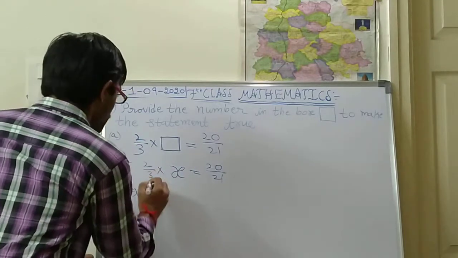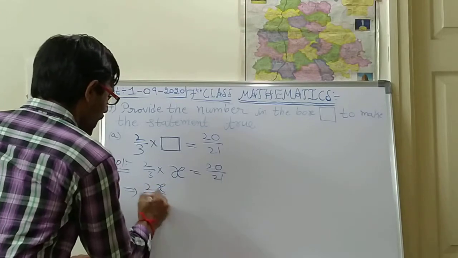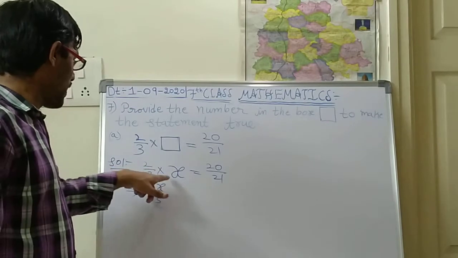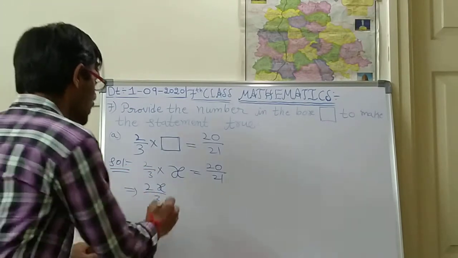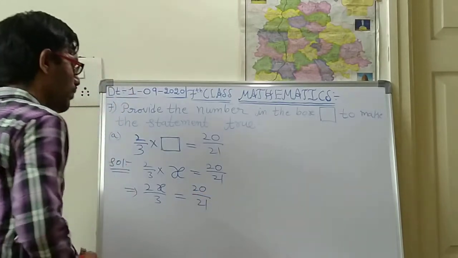So 2 by 3 into x means numerator into numerator, 2x by 3. Can I write like this? Because x means x by 1. So 2 into x by 3 into 1, that is 2x by 3 equals 20 by 21.